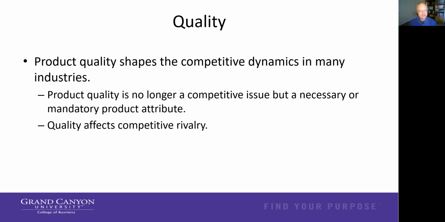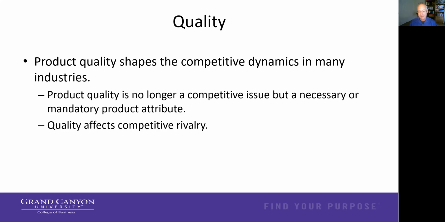Quality also affects competitive rivalry. The firm studying a competitor with poor quality products can predict that the competitor's costs are high and that its sales revenue will likely decline until the quality issues are resolved. The firm can predict that the competitor is unlikely to be aggressive in terms of taking competitive actions, given that its quality problems must be corrected in order to gain credibility with customers.